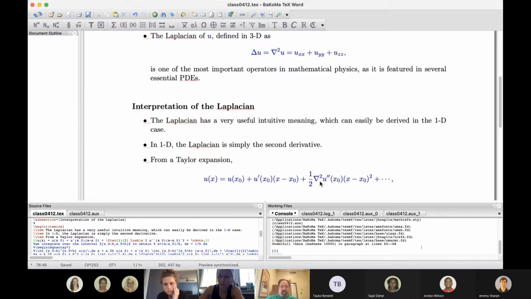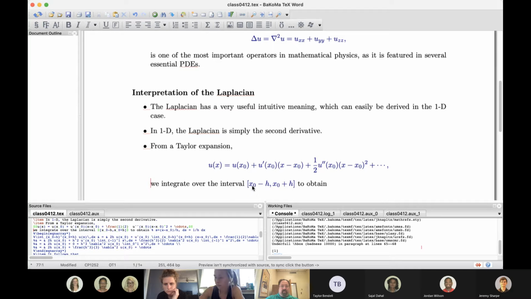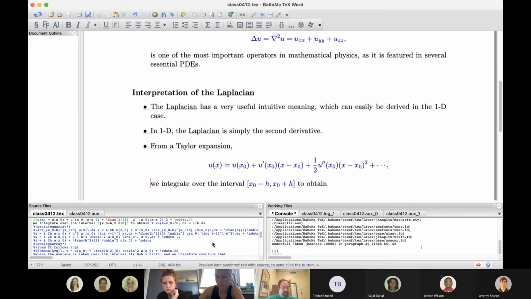What we'd have here, that should be just u double prime, but that is the Laplacian of u at x naught. What I'm going to do is take both sides of this equation and integrate it from x naught minus h to x naught plus h. So I'm going to integrate over an interval that is centered at x naught.